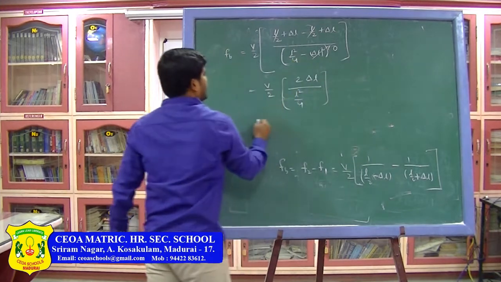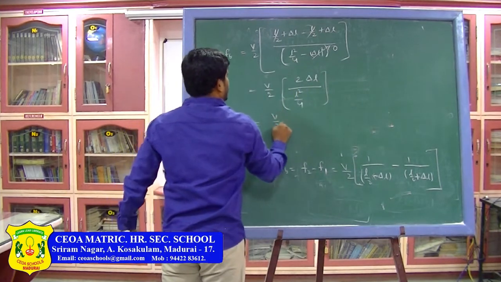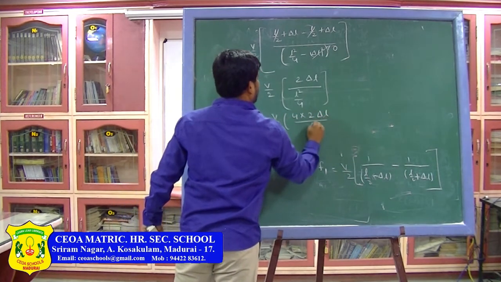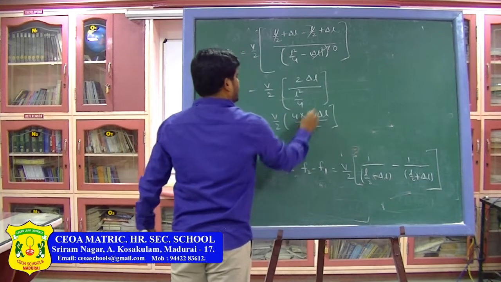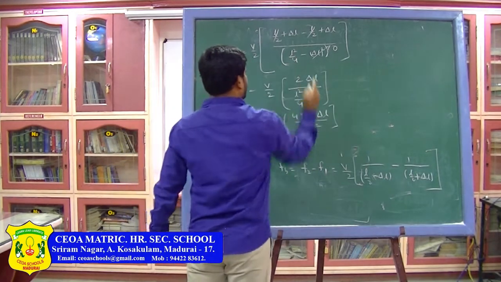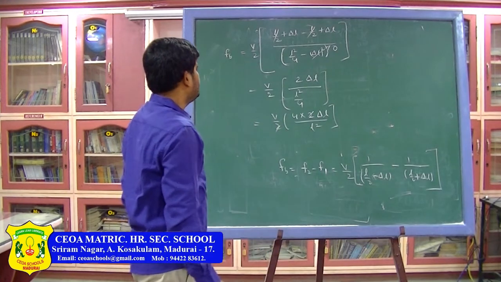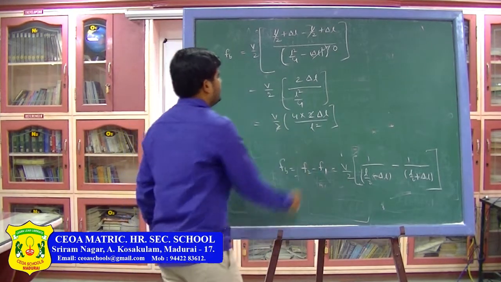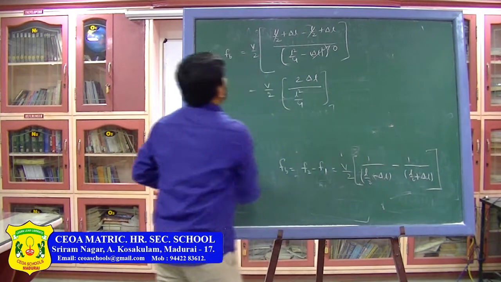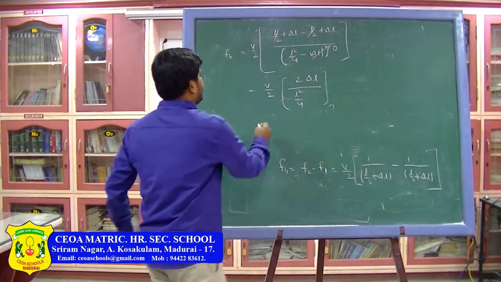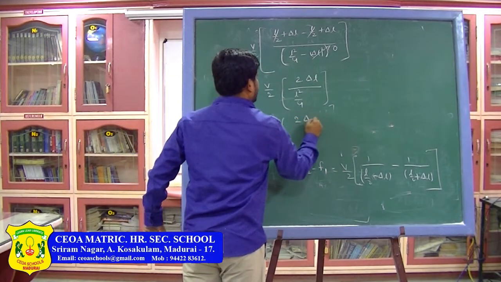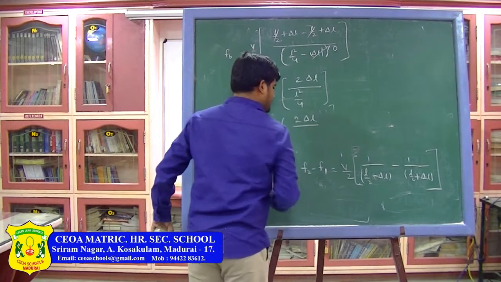Now, the 4 goes to the numerator, so we have V by 2 into 4 into 2 delta L divided by L square.